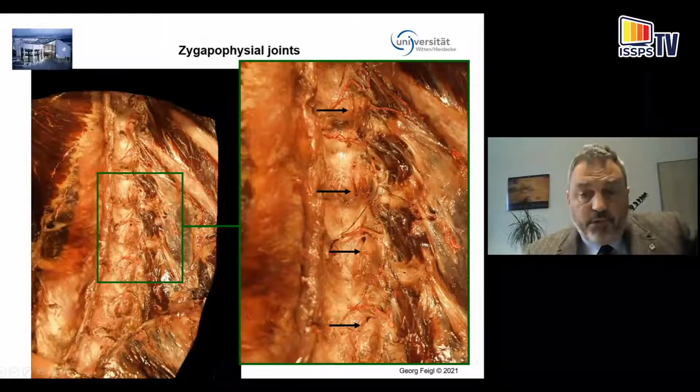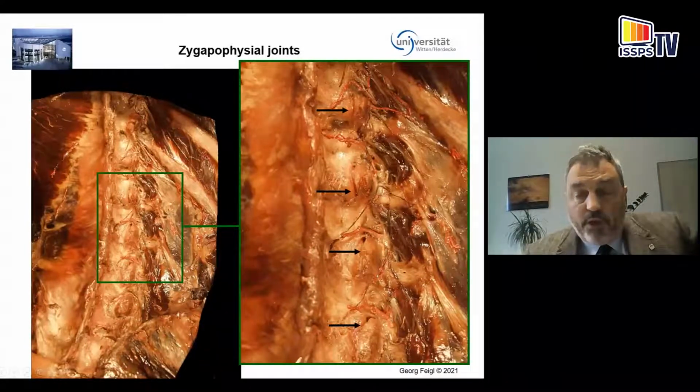So a very important area where you can insert the needle in between the articular process and the costal process, where you have these two small parts. If they are visible, just position the needle in between, and then you have a very good spread.